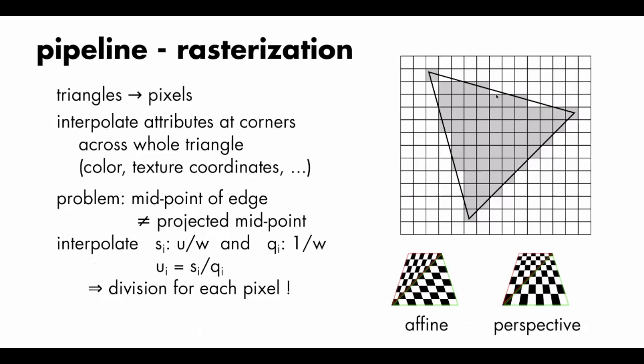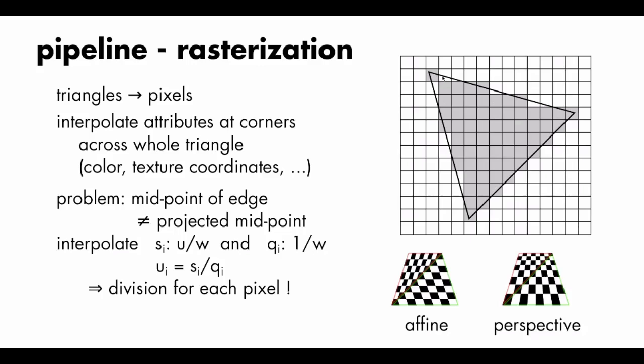And there is a problem though, especially when it comes to texture coordinates, because if we take the midpoint of an edge in proper world space or camera space, it might not be the midpoint in projected space. As an example, imagine this thing is a long wall, many 100 meters long, and the real midpoint of that wall might be perhaps somewhere here.